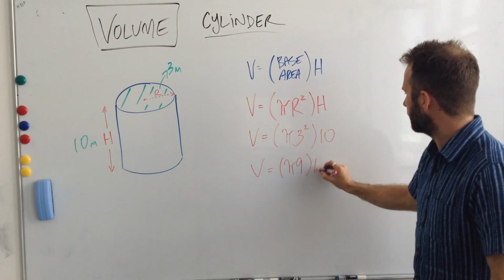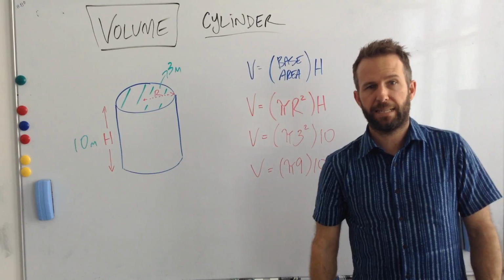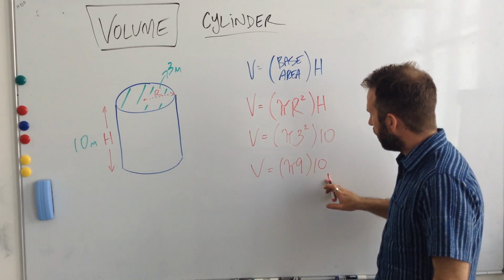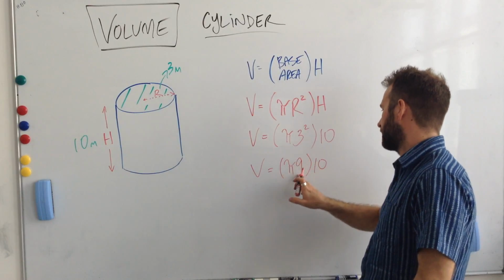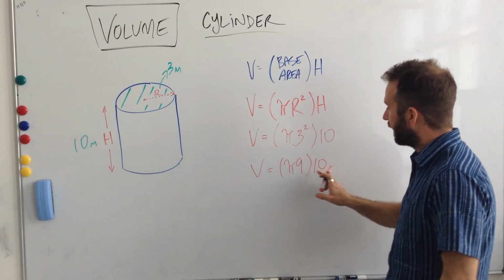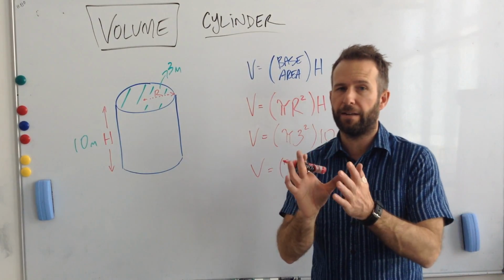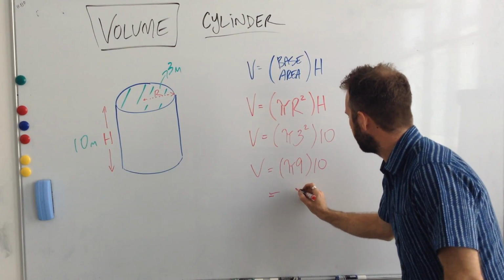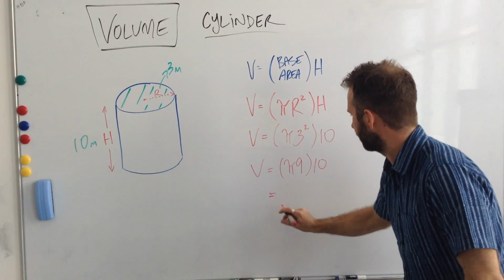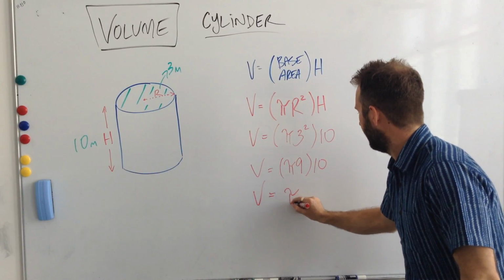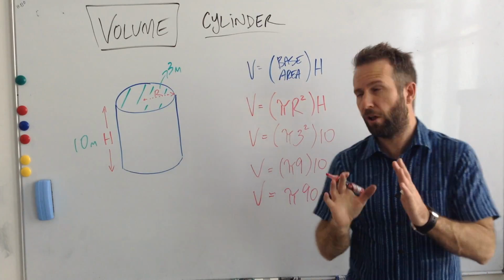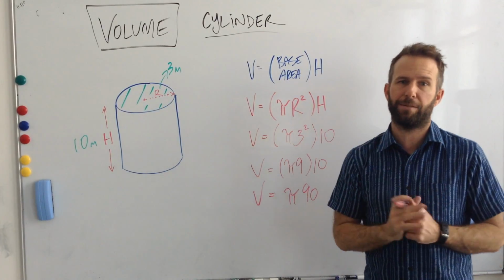So we've got that, still multiplied by 10 on the outside. What I'm going to do now is, because this is all multiplication, pi times 9 times 10, I can actually do the 9 times 10 before I multiply the pi. So what I'm going to end up with here is pi times 90. Okay, so the volume of this shape is pi times 90.